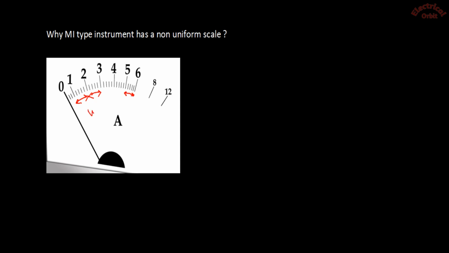When we have a non-uniform scale, then the distance from 1 to 2 will not be the same as 2 to 3. The 2 to 3 distance will be higher than 1 to 2. So the divisions in between will be increased. That is called a non-uniform scale.